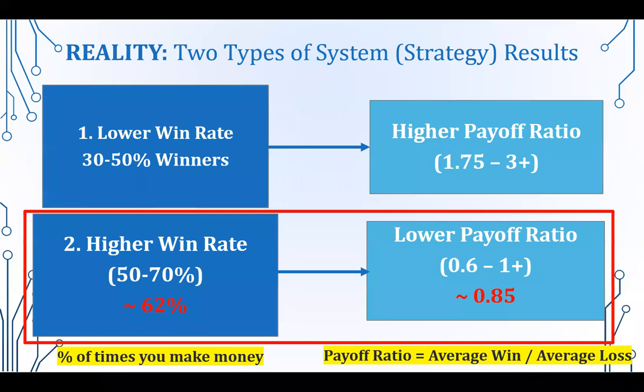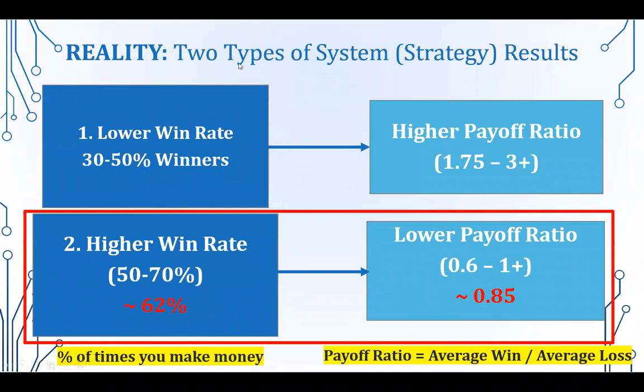Now, as we've seen, this particular strategy falls into the higher win rate, lower payoff ratio category of results. This isn't completely unexpected since it's a shorter term trading strategy. When you backtest strategies, you can have two types of strategies.